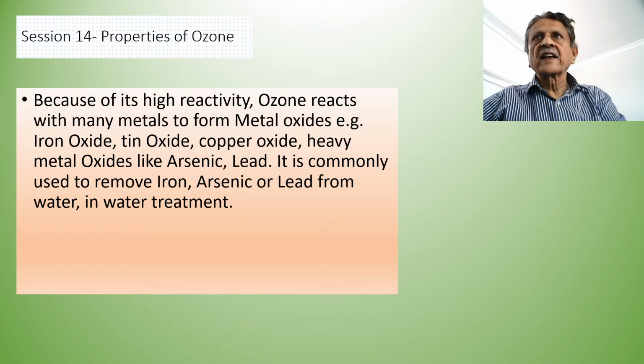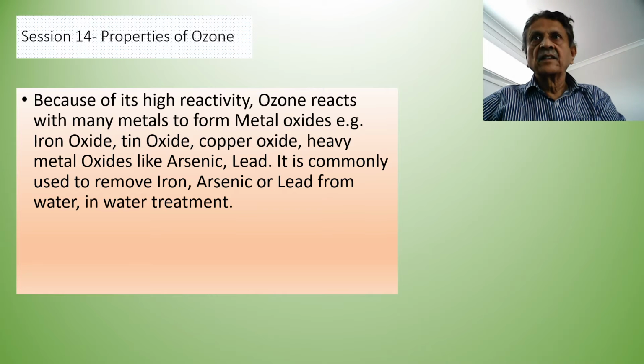Because of its high reactivity, ozone reacts with very many metals to form metal oxides. For example, with iron it forms iron oxide, with tin it forms tin oxide, with copper it forms copper oxide, and heavy metal oxides like arsenic, lead, etc. So you see that we can use ozone to remove iron, arsenic, and lead from the water.